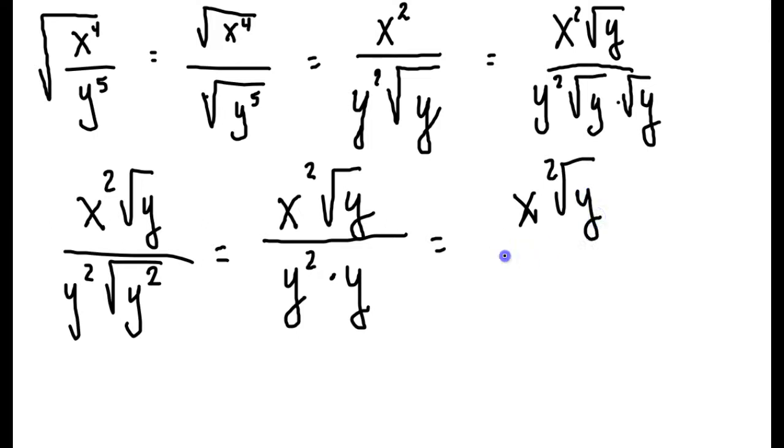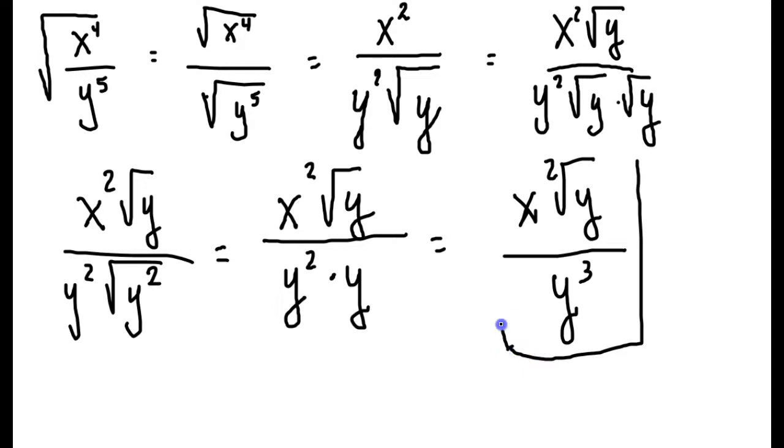So now our final simplification is the fraction with a numerator x squared square root y over y to the third, because it follows the rule that we cannot have a square root in the denominator.